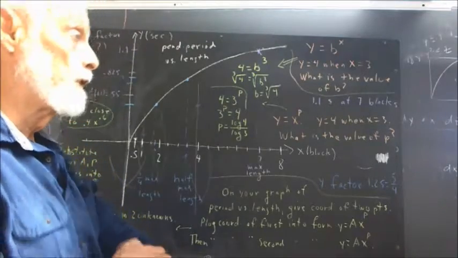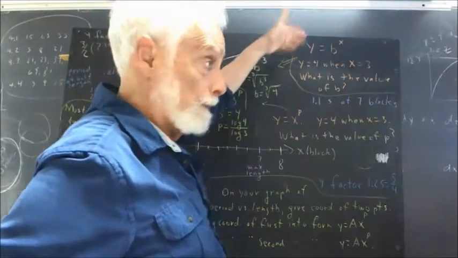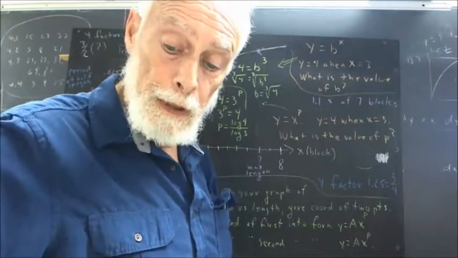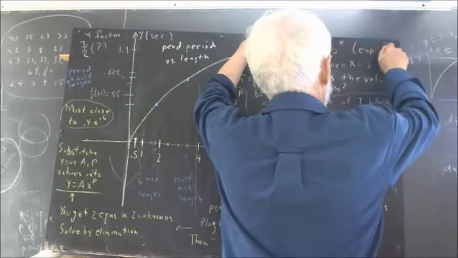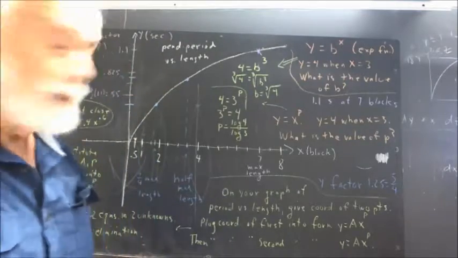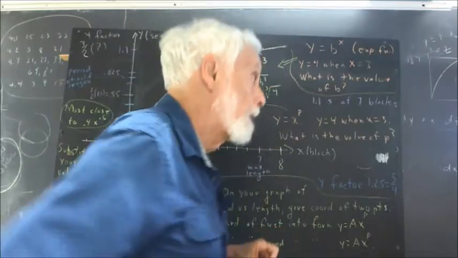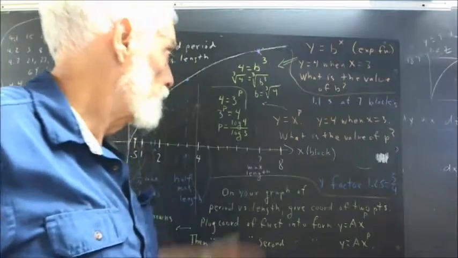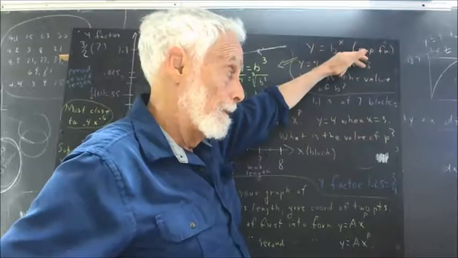The first question, which has the simpler answer, is: if you have y equals b to the x, and remember that is an exponential function, y is an exponential function of x, and you know that y equals 4 when x equals 3, what is the value of b?